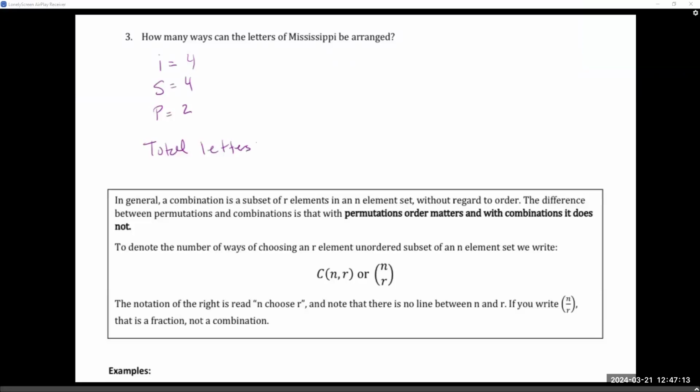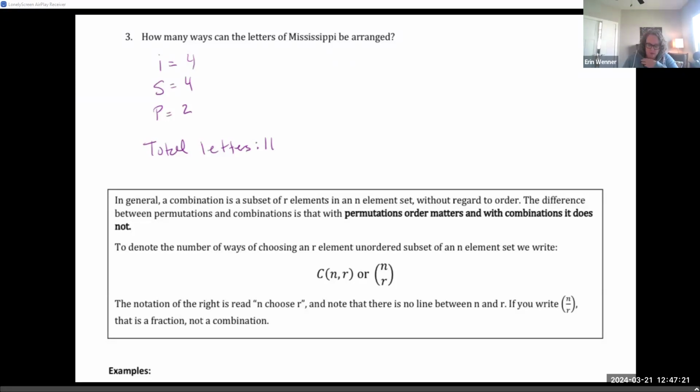11. So we know that if we have 11 letters, there's 11 factorial ways to arrange them, right? But there's letters that are being repeated, right?